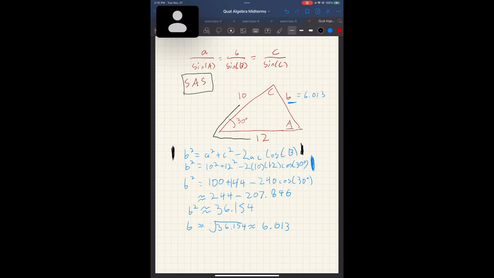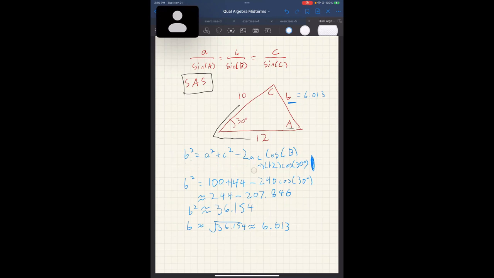Not that b squared is the same as b, but if I know b squared, then I can figure out what b is by just taking that square root. So I do that, I plug everything I know in, and then I simplify this down in my calculator, and I just get this that I take the square root of. Very good.